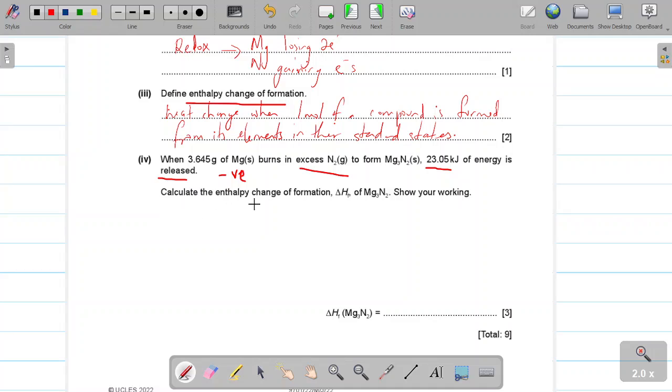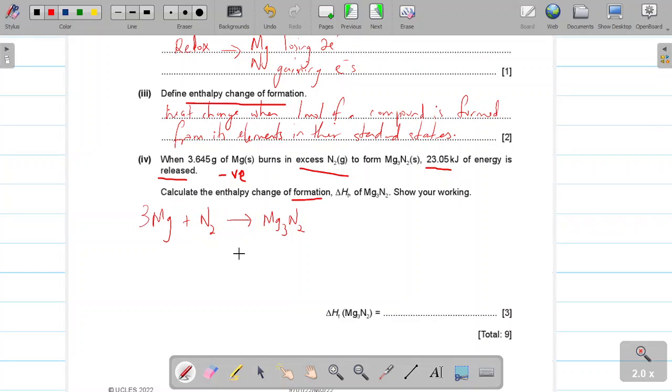They asked us to calculate the enthalpy change of formation of magnesium nitride, showing your working. To first approach this question, we should write a balanced equation for the reaction that's unfolding. So magnesium is reacting with nitrogen to give magnesium nitride. So this should be balanced like this.